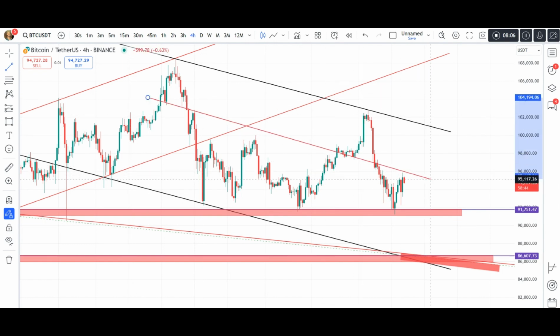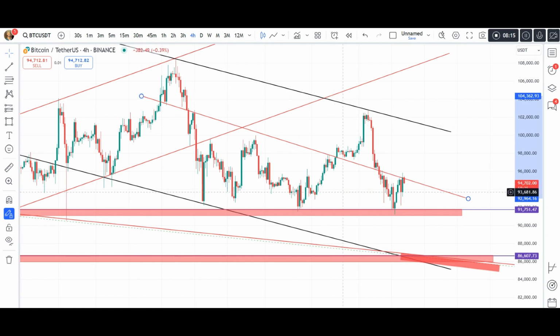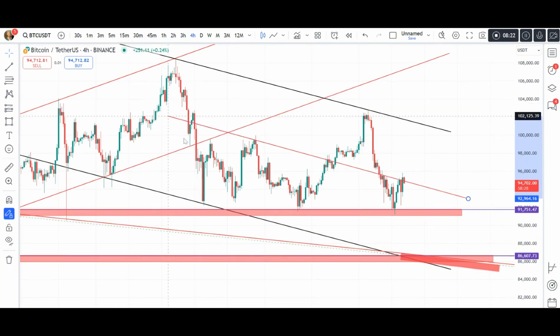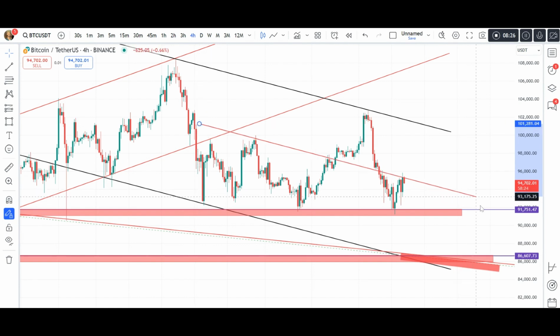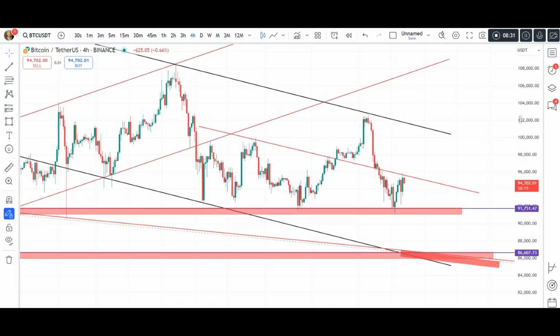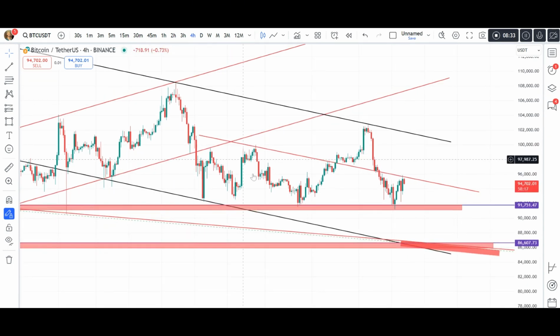But the price action on that level is a nice price action. Very nice price action. So let's go back and see what price has done there.